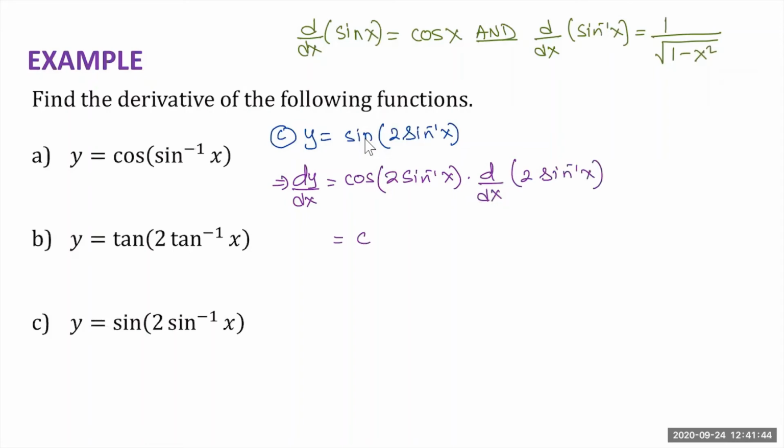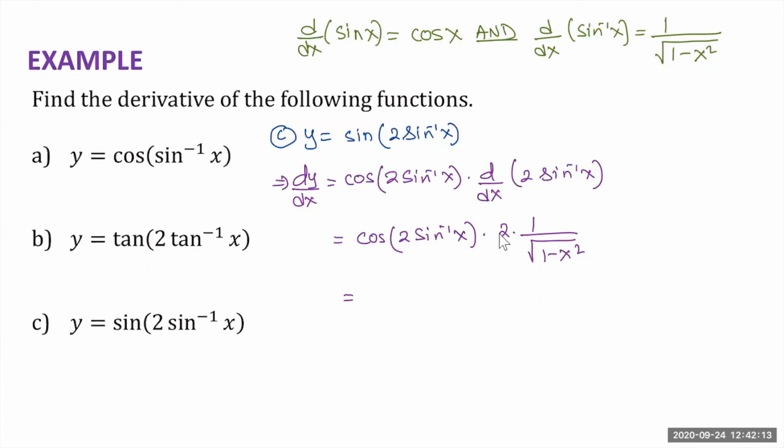That is equal to cosine of 2 sine inverse x multiplied by, this is a constant multiple, so you can pull that 2 outside and then multiply by the derivative of the inside function, whatever is remaining there, the derivative with respect to x of sine inverse x, and the derivative of sine inverse x is 1 over the square root of 1 minus x squared. So there is nothing much to simplify.